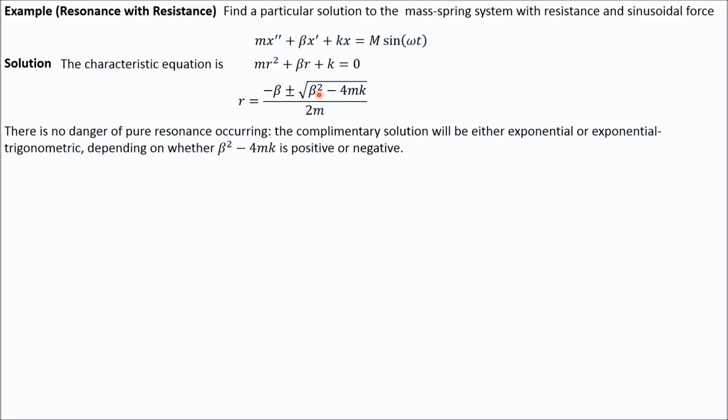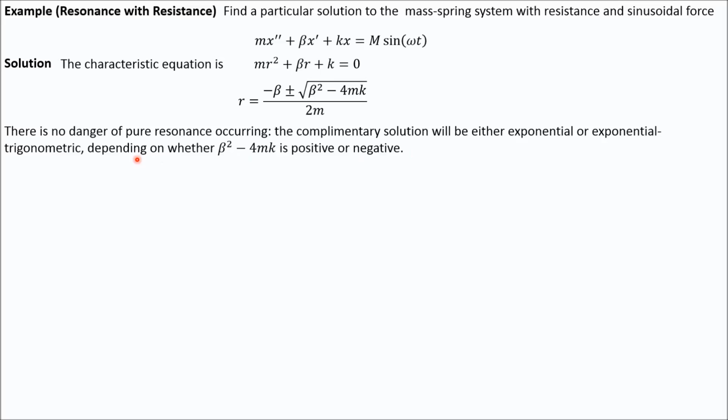If we're taking the square root of a negative number and we end up with an imaginary part, then we end up with an exponential times a trigonometric function. Whereas if we get a positive thing in the square root, then we just have two real roots, and they'll both be negative, so we'll just have exponential decay for our complementary solution.